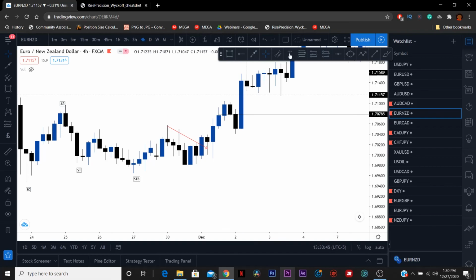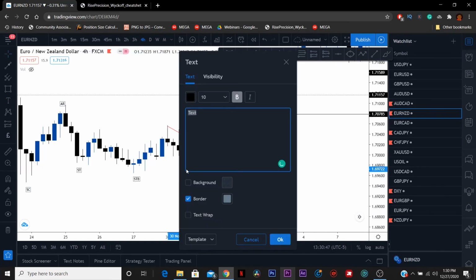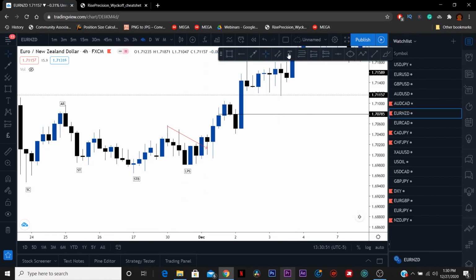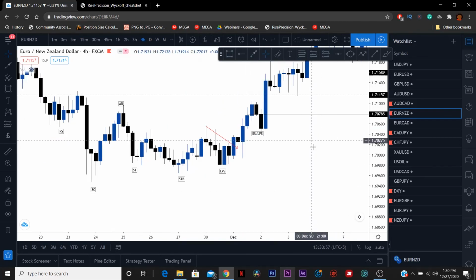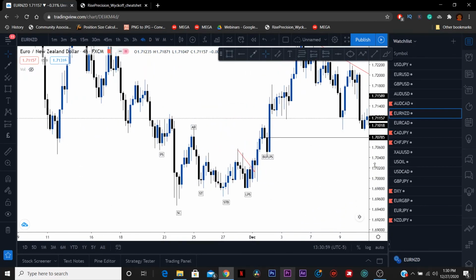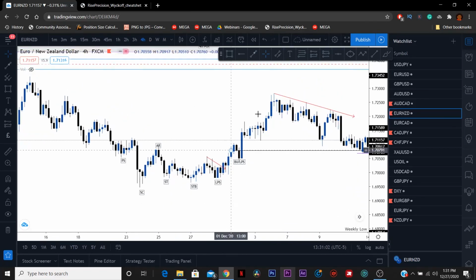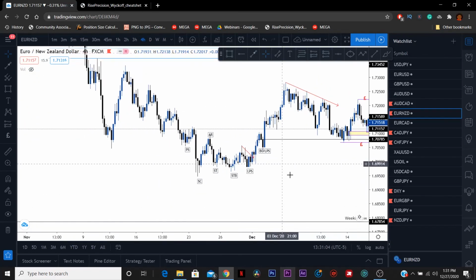So this would have been our jump over the creek. This was our last point of supply here. And this was our buy-up last point of supply right there before we move towards the upside.